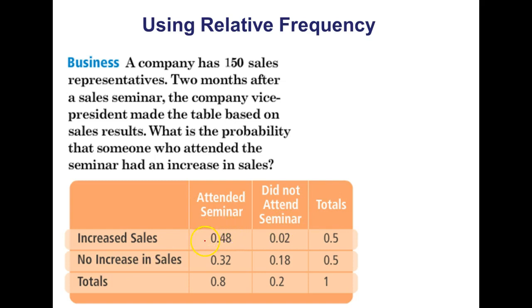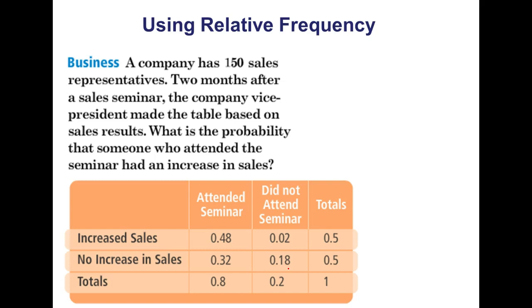For example, this 0.48 here, that's 48% of the people are in this particular category. They increased and attended the seminar. 32% didn't increase in sales, but they attended the seminar, for a total of 80% of the people attended the seminar. And 20% of the people didn't attend. So it's broken down into a little more detail. It's called a relative frequency table.